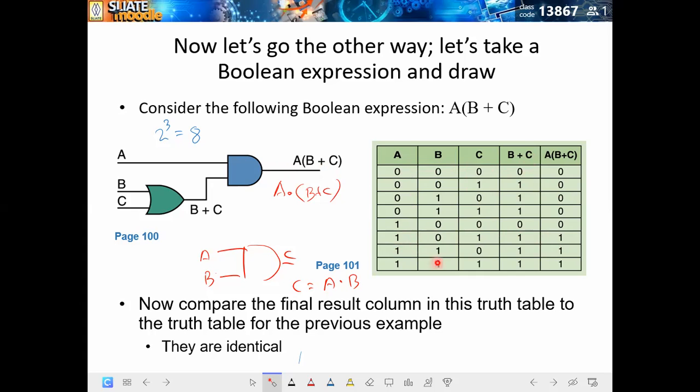In here also both conditions are 1, output is 1. Here also both conditions are 1 so the output is 1, right. The output is written in Boolean algebra as A and (B or C), here A and B or C.